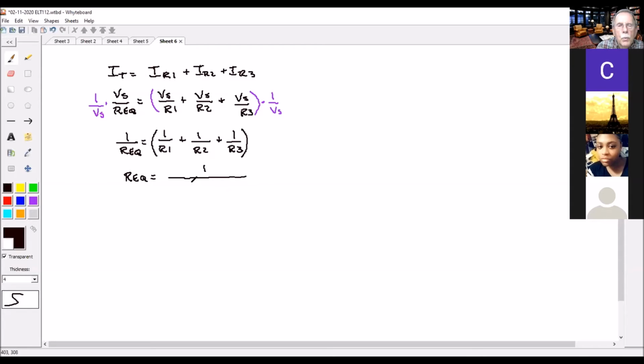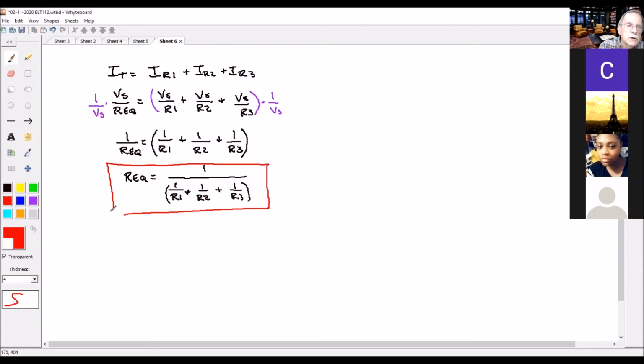So I'm left with 1 over the quantity 1 over R1 plus 1 over R2 plus 1 over R3. And that's how we calculate the REQ for a parallel circuit.